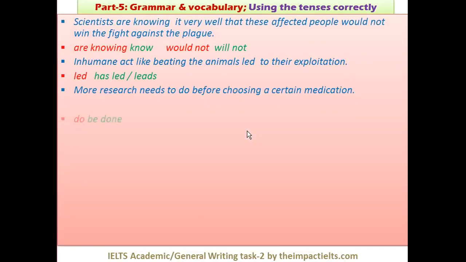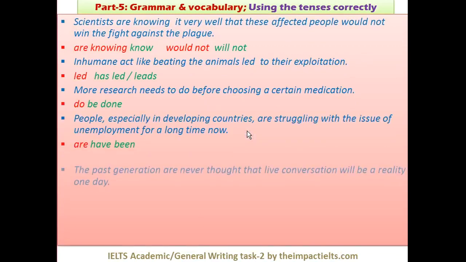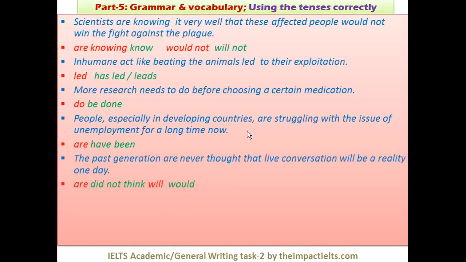Sorry for the mess, but it's better to correct it.